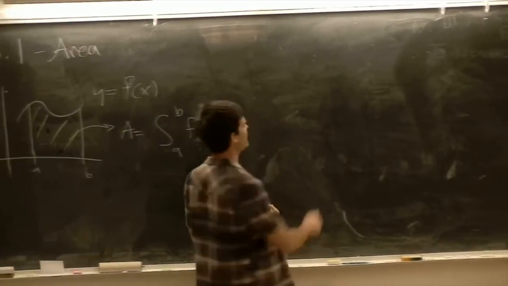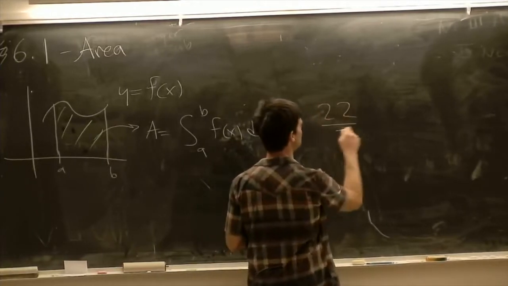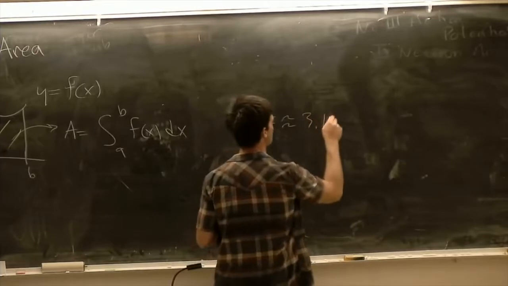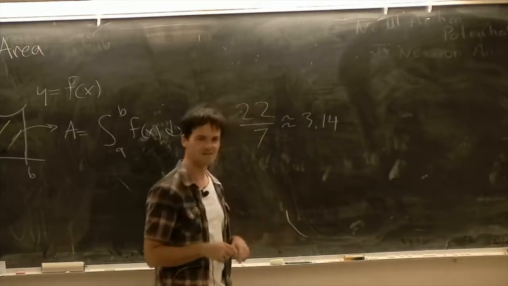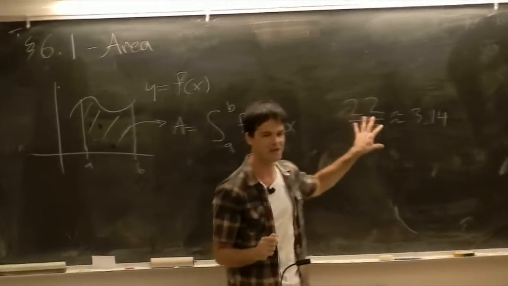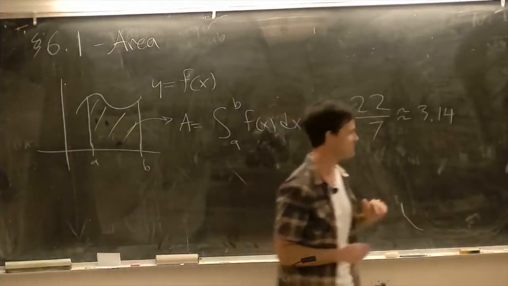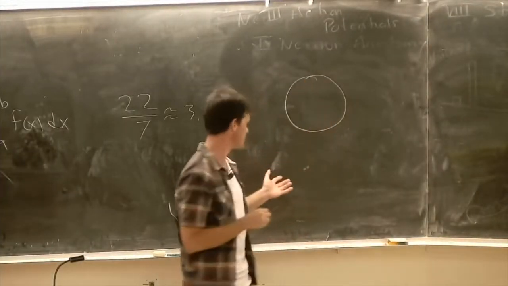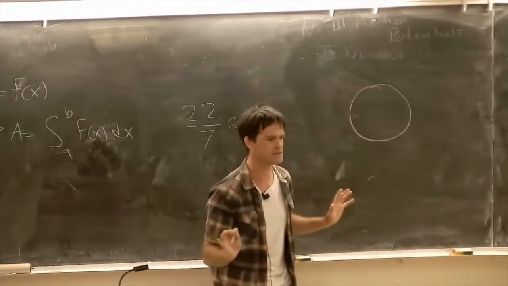You should try this on your calculator. Plug in 22 over 7, and the first 3 digits are actually right. It's not quite equal to pi, but there was a time when they thought that this was pi. Pretty interesting.